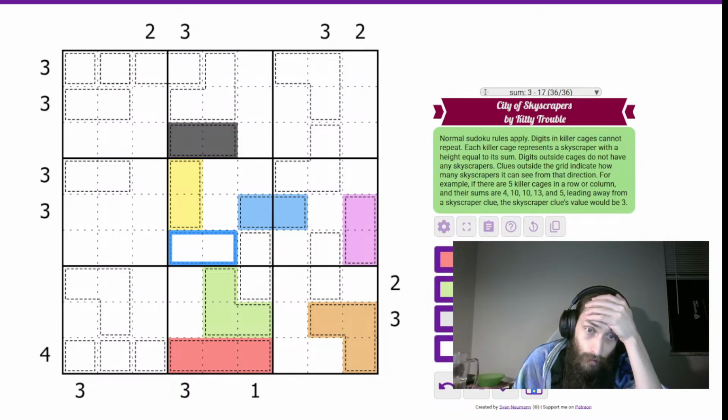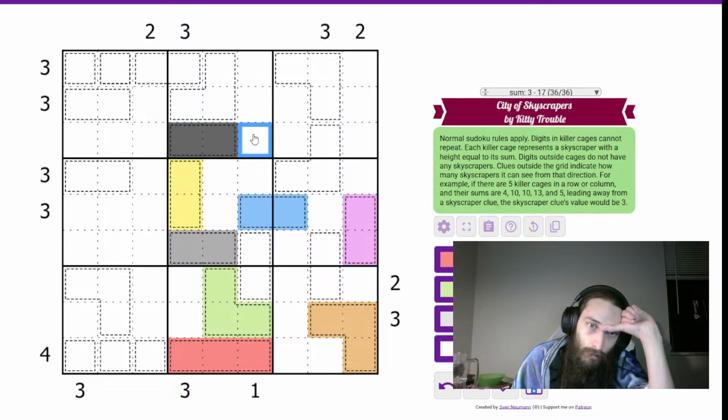So what does that mean about this one? Red, gray, and black go in order, because yellow isn't seen from this side.